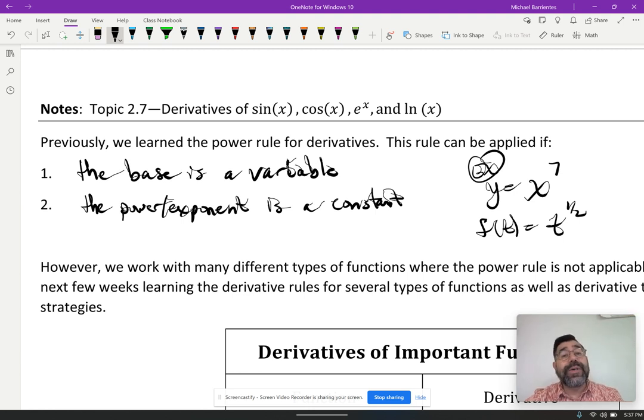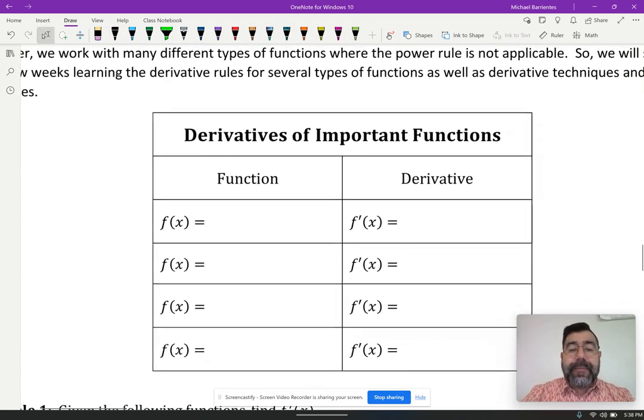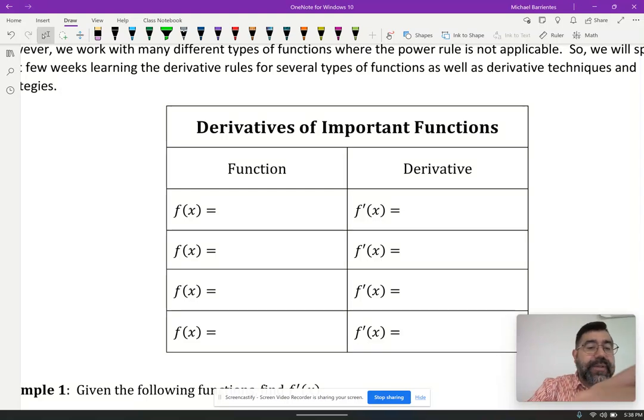I'm going to give these to you without proof. I'm not going to show you how to figure them out using the limit definition. It can get pretty hairy, and we just don't have the time to invest. I think it's more helpful to learn how the shortcut rule works, and then we can apply it to different situations. So these 4 are the ones we're going to deal with.